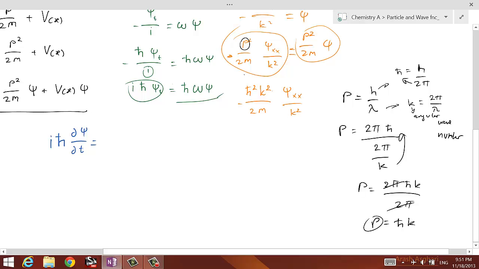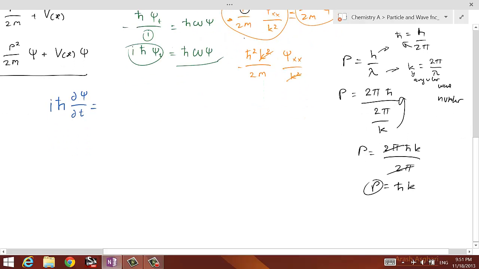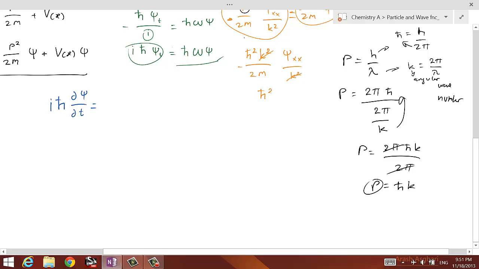Now you see, k squared and k squared cancel. Now we got h bar squared over 2m, minus in front, my wave function differentiated by x two times. So like this and this.